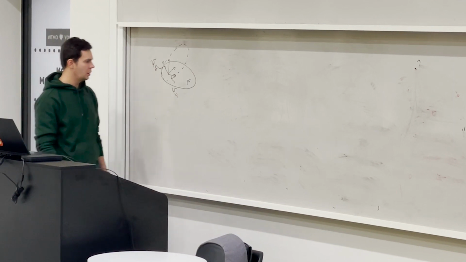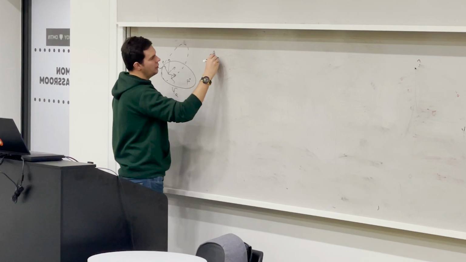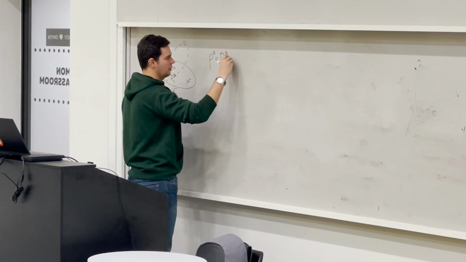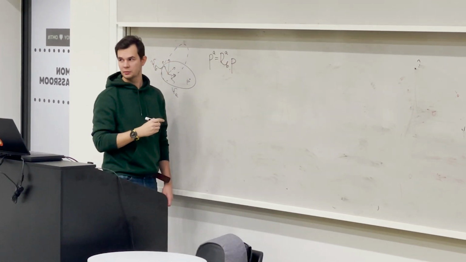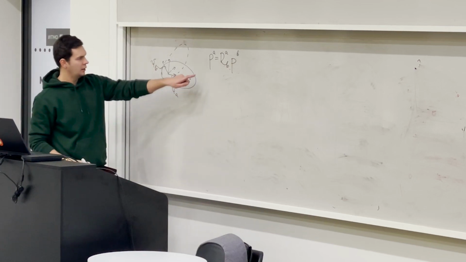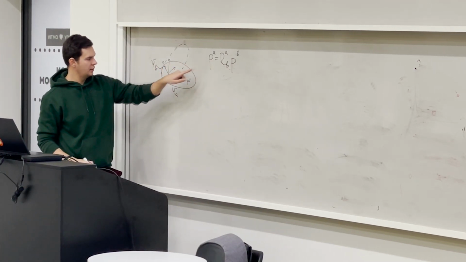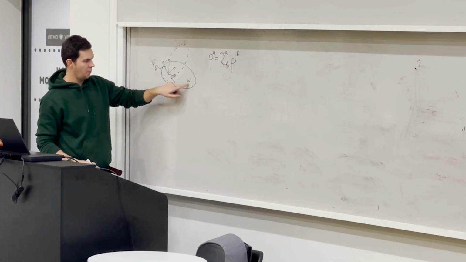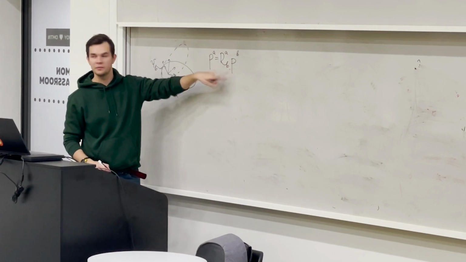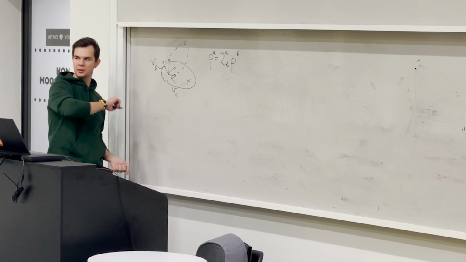What can we write? We can write that PA equals RAB times PB. It's like we have two frames, A and B. PA is the position of this point in frame A, and PB is the position of the same point, but in frame B. And we can go from one frame into another one.